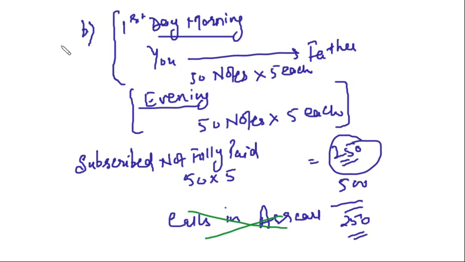So you can't say 250 is calls in arrears. This is the amount that has not been called up by the company. This 250 rupees is the amount that has not been called by the company.